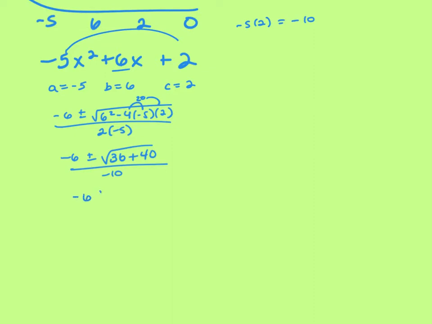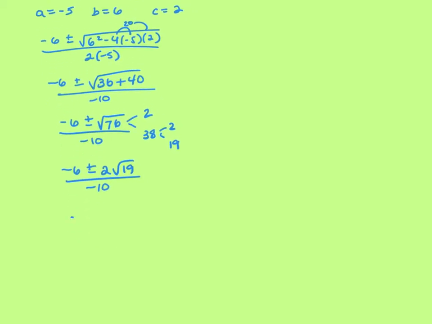And I get -6 plus and minus the square root of 76 over -10. 76 is 2 and 38, 2 and 19. So -6 plus and minus 2 root 19 over -10. And then those are each divisible by 2: -3 plus and minus root 19 over -5.